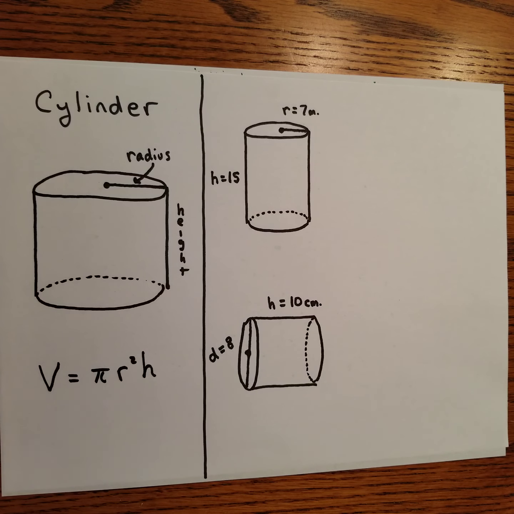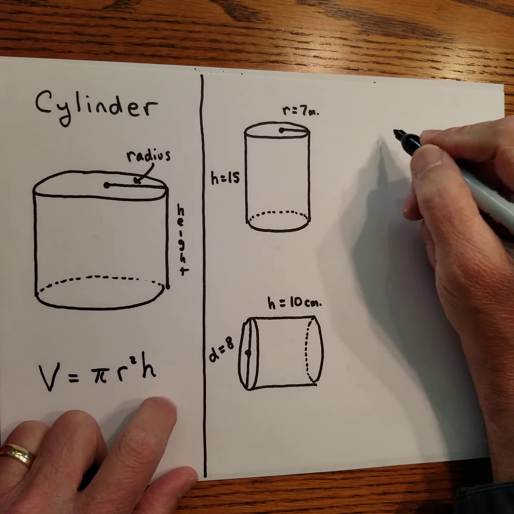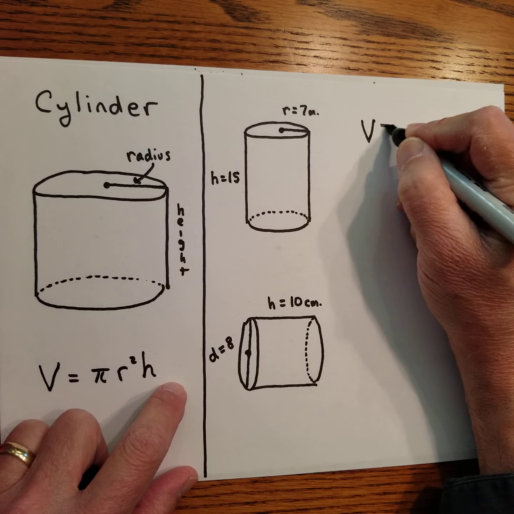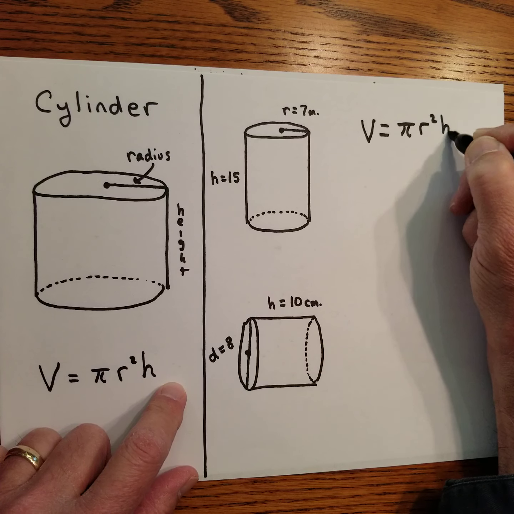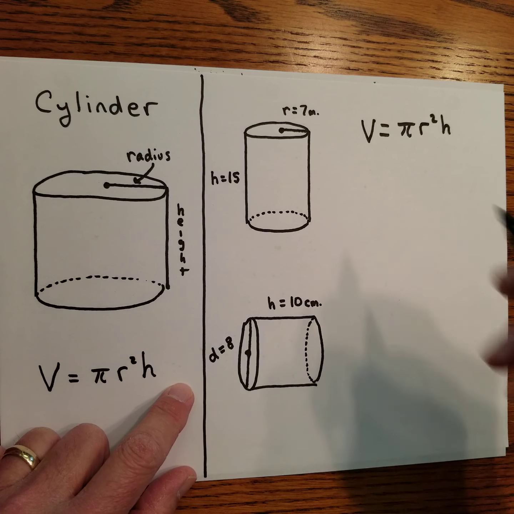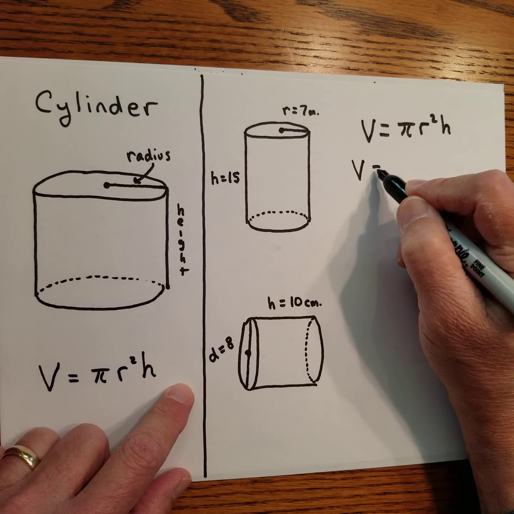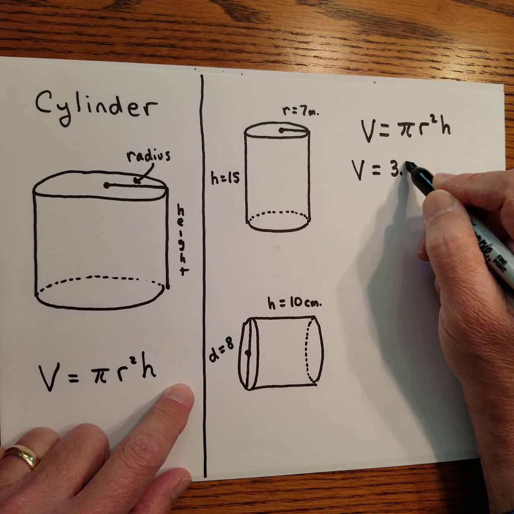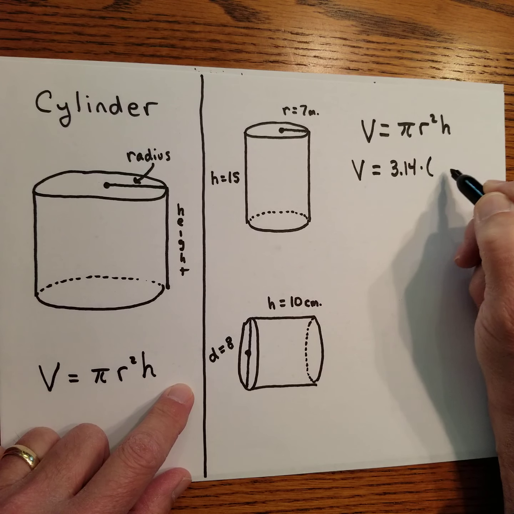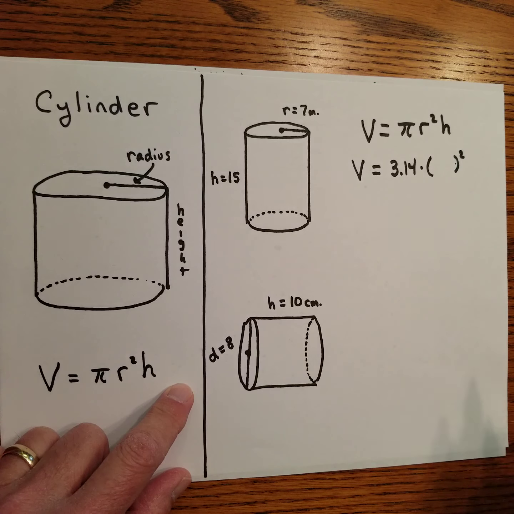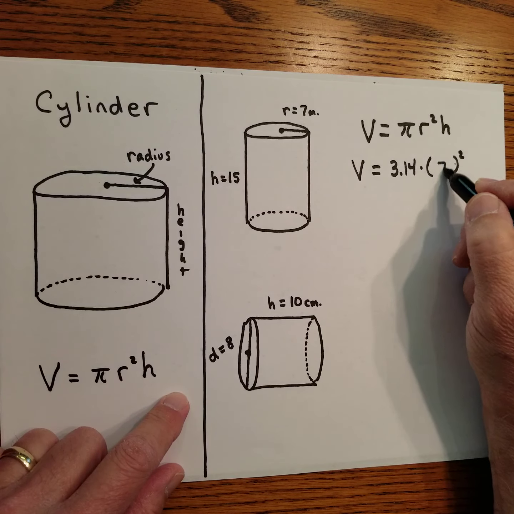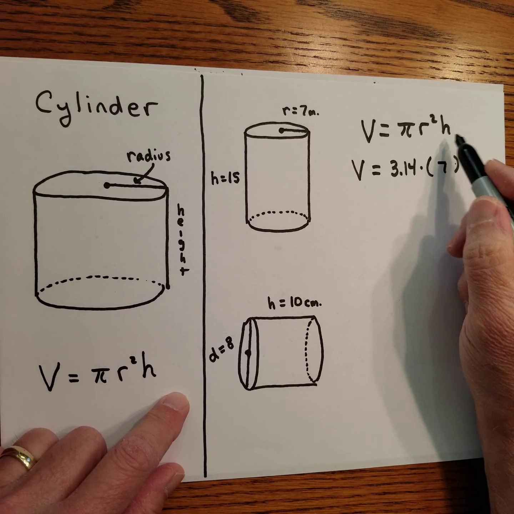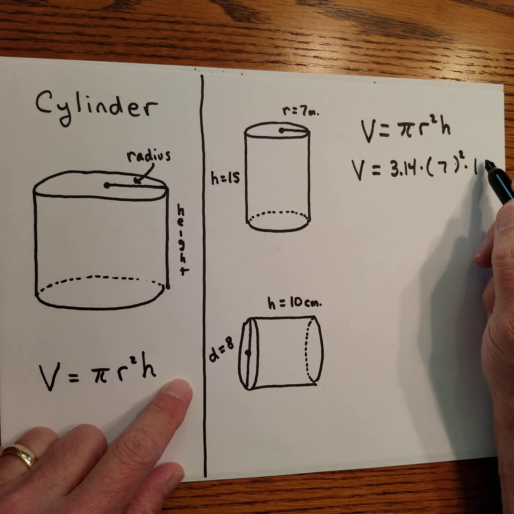Let's try this first example. It's a cylinder, so let me get my formula ready. And then we'll plug in. For pi, we'll use 3.14. The radius of this cylinder is 7 meters. The height of the cylinder is 15.